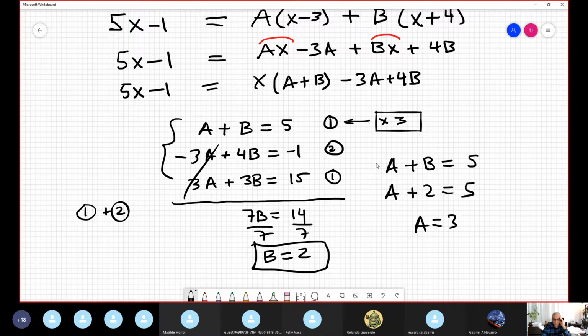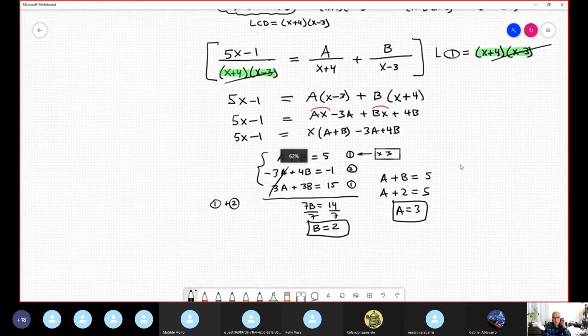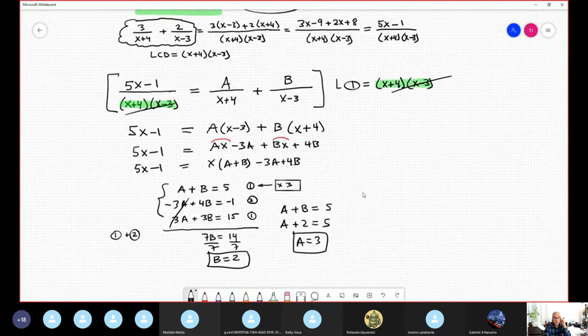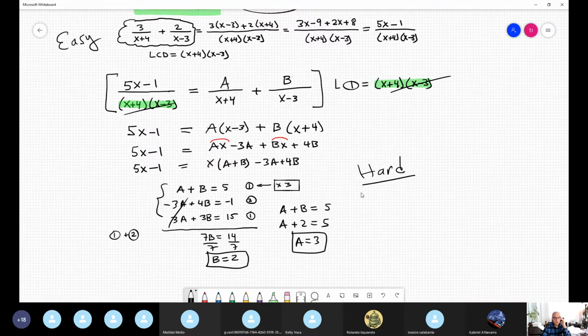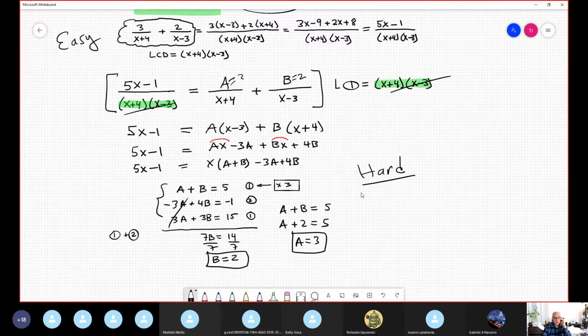A is equal to 5 minus 2, which is 3. And we get exactly the same answer that we have at the beginning when you are doing the opposite direction. And this direction is easy. In this direction, no, it's hard. And this is the idea behind partial fraction decomposition. Do you understand this one? So who is B? B is the coefficient here, 2. And 3 is the coefficient here, 3.